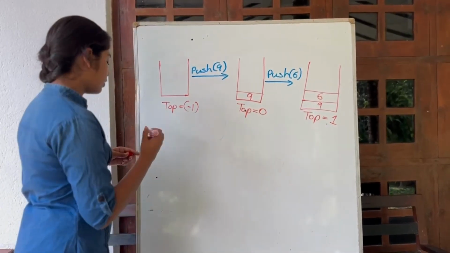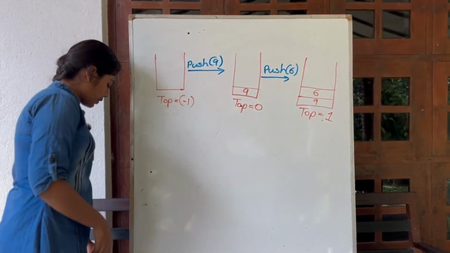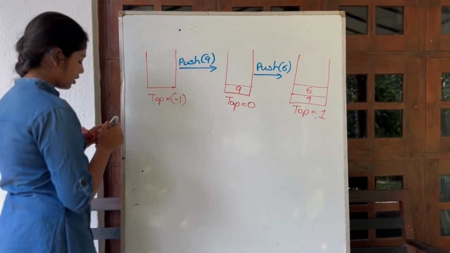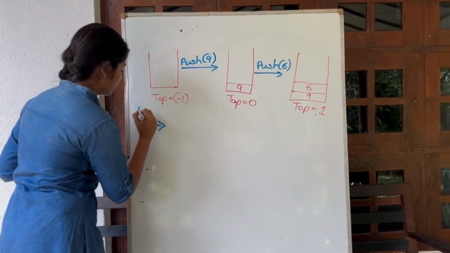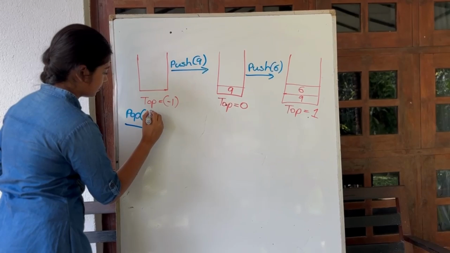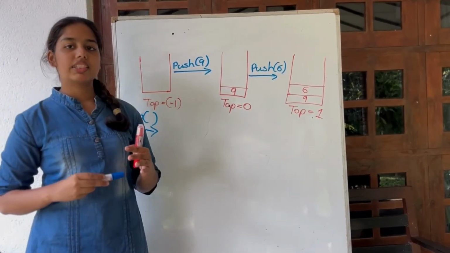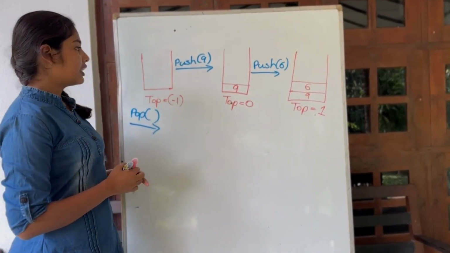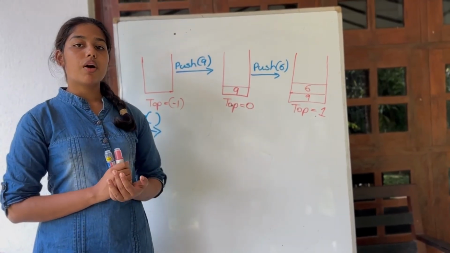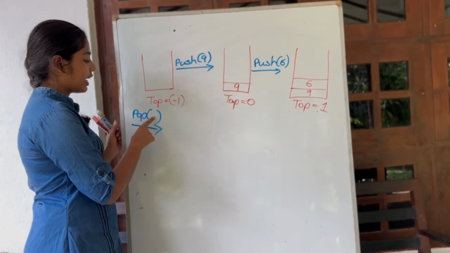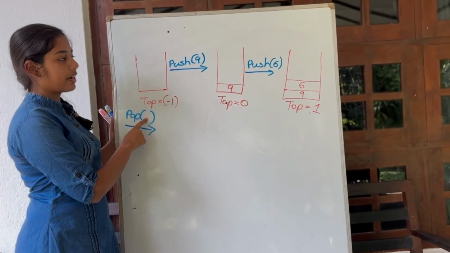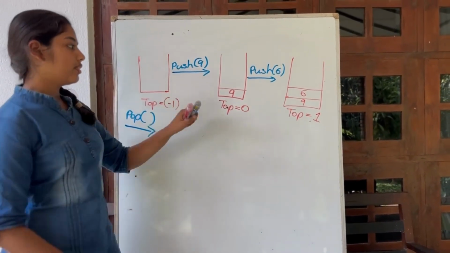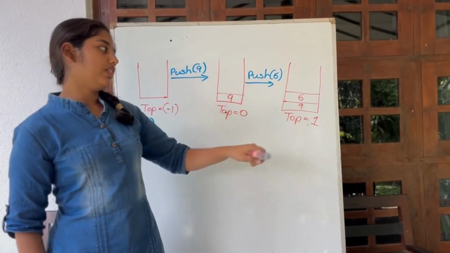Next, we are going to learn about the pop operation. Pop operation means removing the element from the top of a stack. There is no value because we are removing only the top element of the stack.